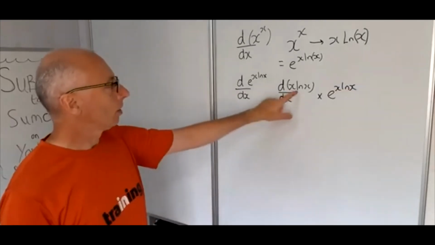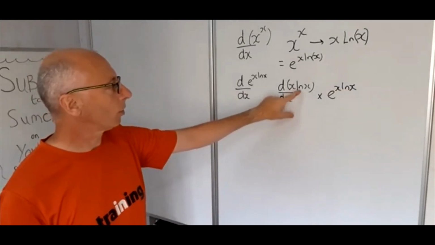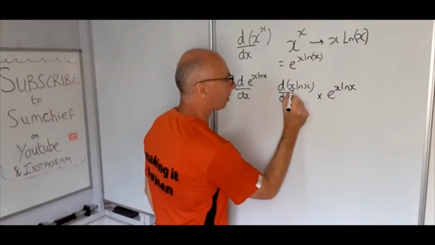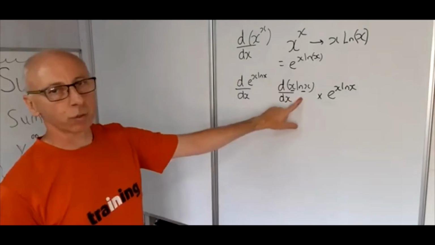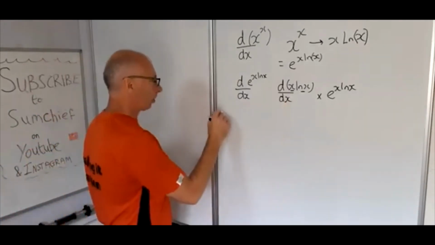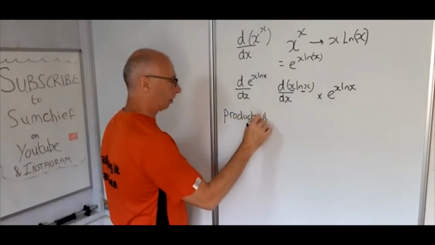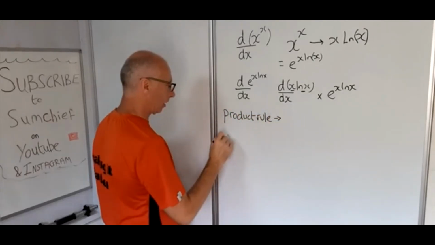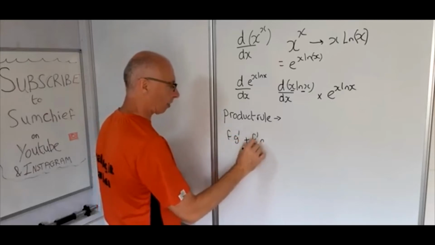Okay, derivative of x ln x, what we're going to have to use here, because we've got two functions here, we've got the x and we've got the log of x. So what we do here now, we use the product rule. So the product rule is like this: f times g prime plus f prime times g.